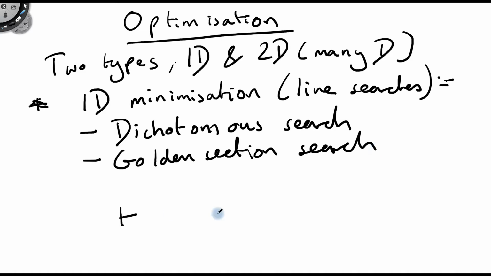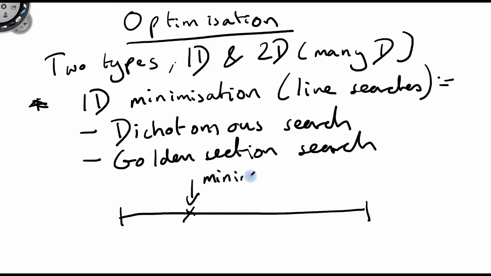The idea of 1D is a little bit like your bisection method, of which there are analogues earlier in the course. If that's your minimum of a 1D function, starting with these two endpoints, how can we zoom in to the minimum in an iterative way?